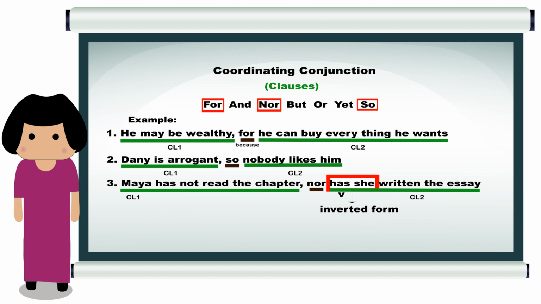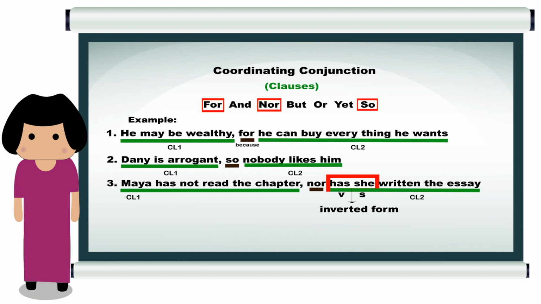So you have to put the verb first and after that followed by its subject. It's different from the common form of sentence, which is subject plus verb. But for the inverted sentence, you have to put the verb, in this case the helping verb has, and then the subject after it. Once again, why do we put it in the inverted form? Because this sentence starts with a negative word, and nor is one of the negative words.